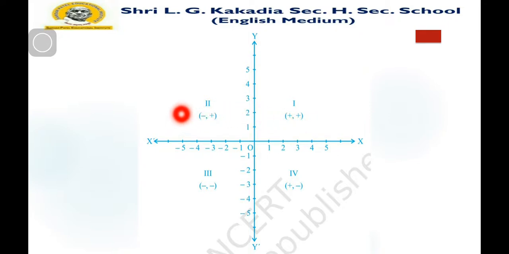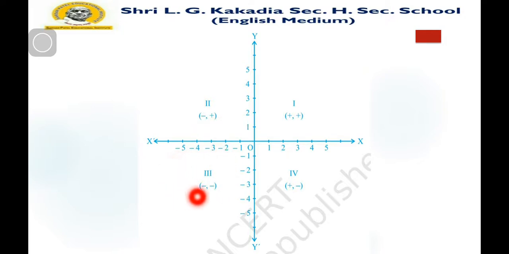In the second quadrant, any point has a negative x coordinate and a positive y coordinate, because here the x axis is negative and the y axis is positive. So the point on this quadrant has coordinates minus comma plus.